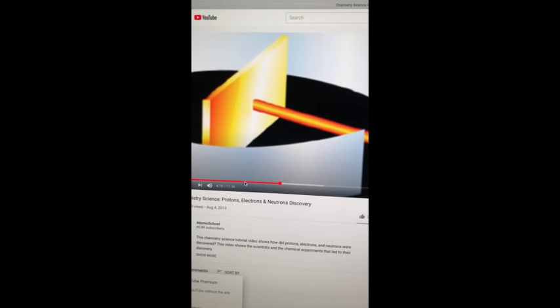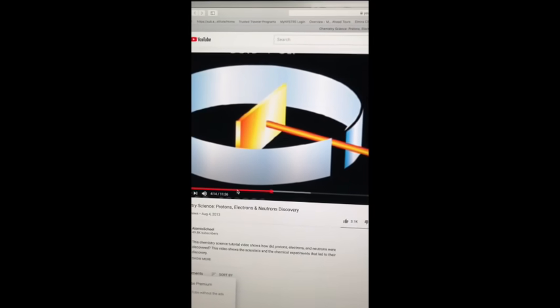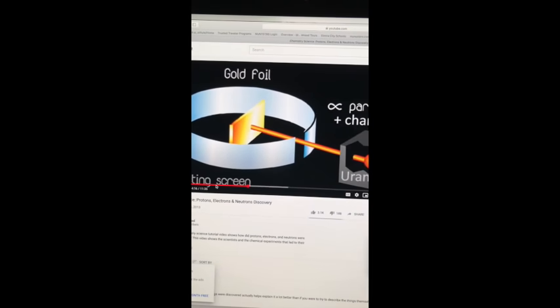Rutherford used these alpha particles as atomic bullets and fired them at a very thin sheet of gold that was only about 1,000 atoms thick. On the opposite side to the uranium source, he placed a scintillation screen that lit up when particles hit it, so he could then measure where the alpha particles landed.